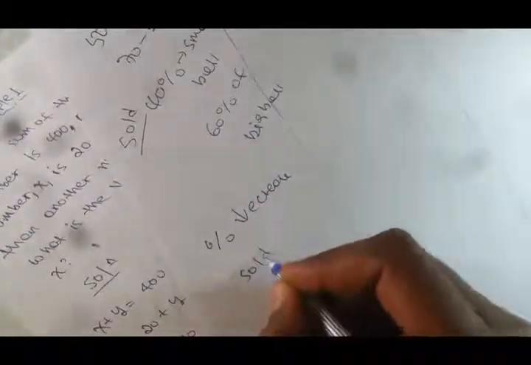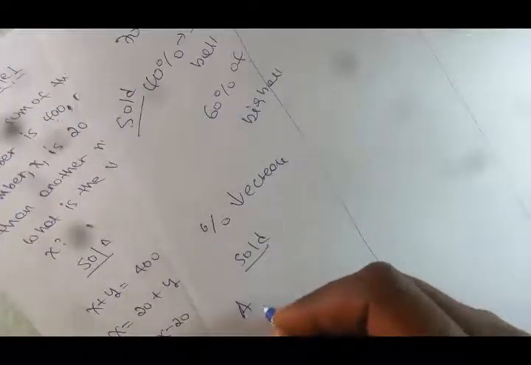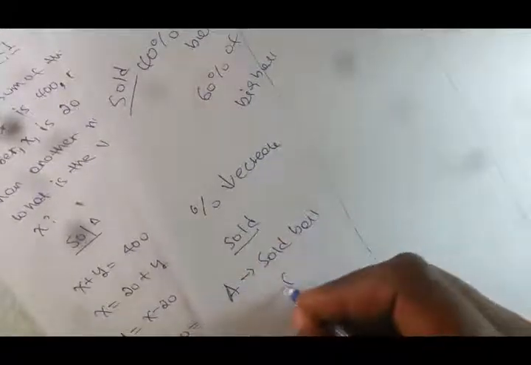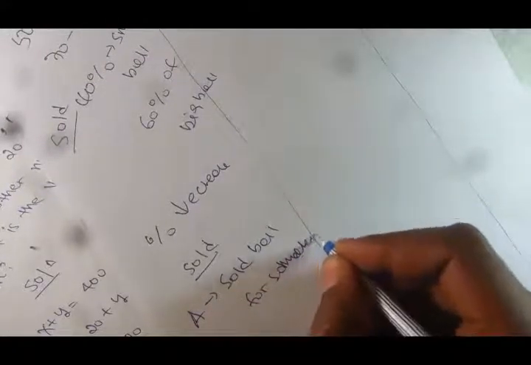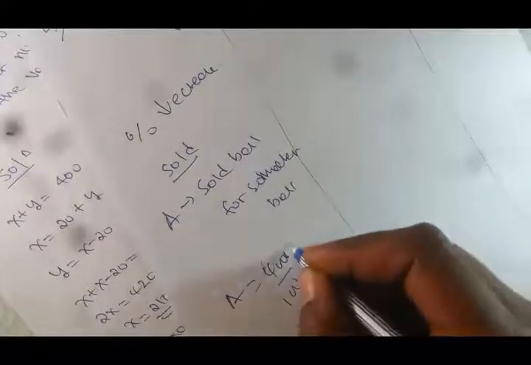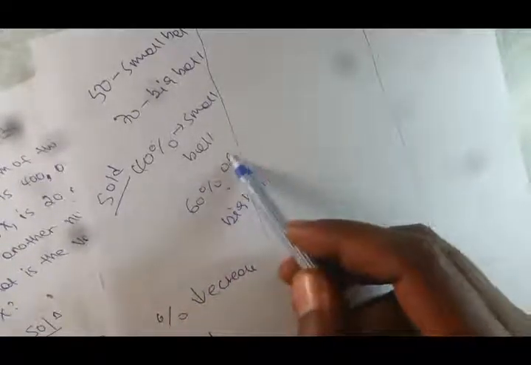And she sold what percent? Let's say A1 will be the sold balls for smaller ball. Therefore A1 will be what percent she has sold? 14%. 14% means 14 over 100. Of means multiplication. Whenever you find of, simply multiply by the total number of big ball or the total number of small ball.